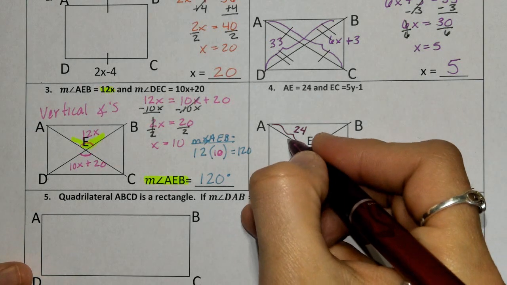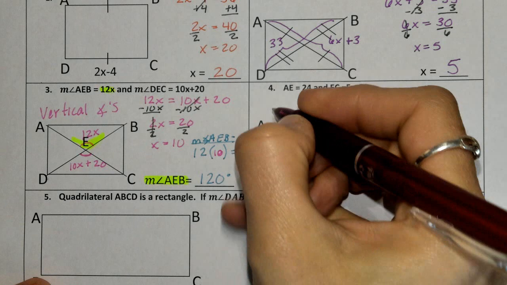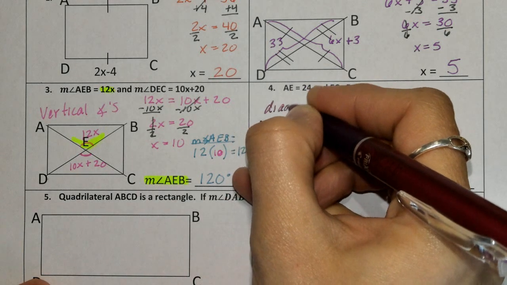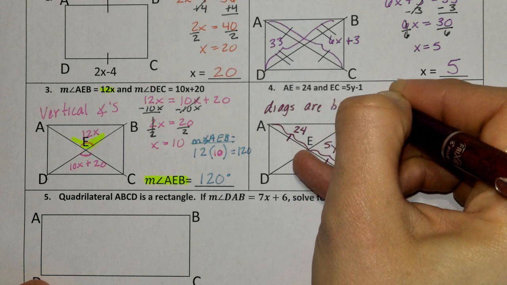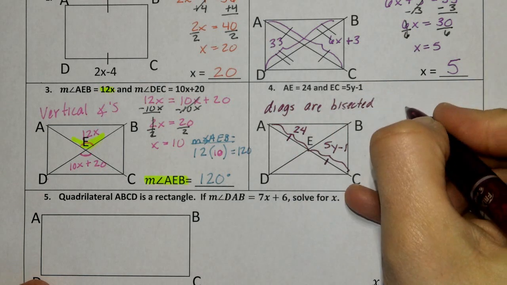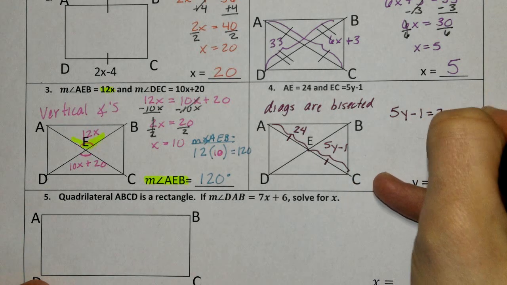So here we're going to have congruent segments. So again, we'll set this equal to each other. We'll go ahead and note here the diagonals are bisected. And we're just solving for y, so 5y minus 1 is equal to 24.